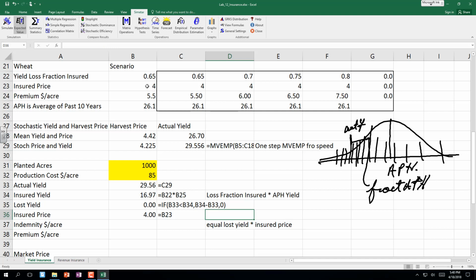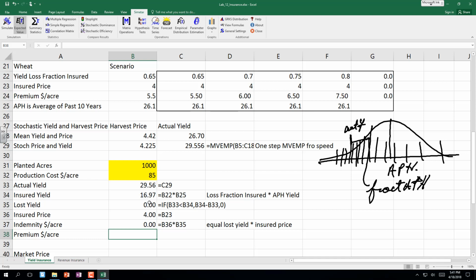So let's put that in there. I've got an insured price here times my lost yield. And of course that's zero for the moment.